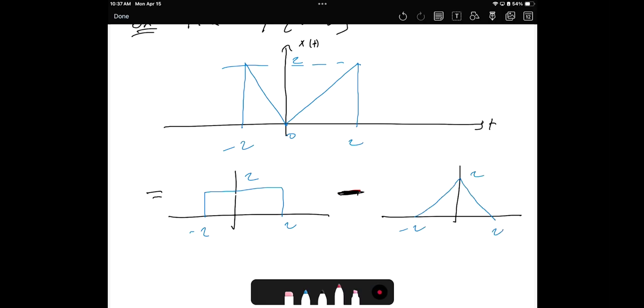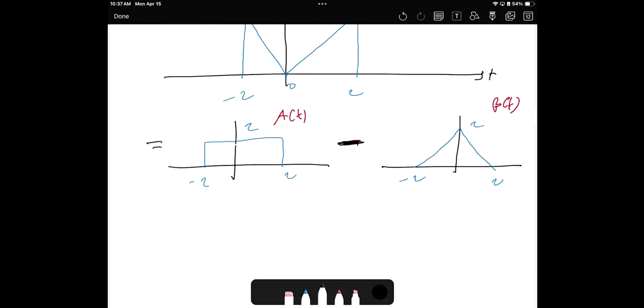So I can say this is A of t, this is B of t. Does this make sense? How did we figure it out? We subtract A minus B, which yields x. X of t equals A of t minus B of t.